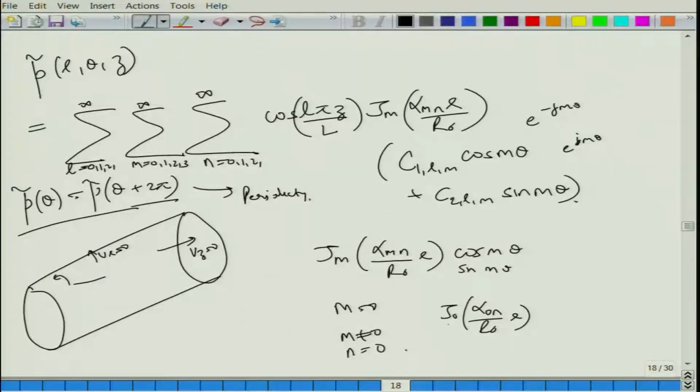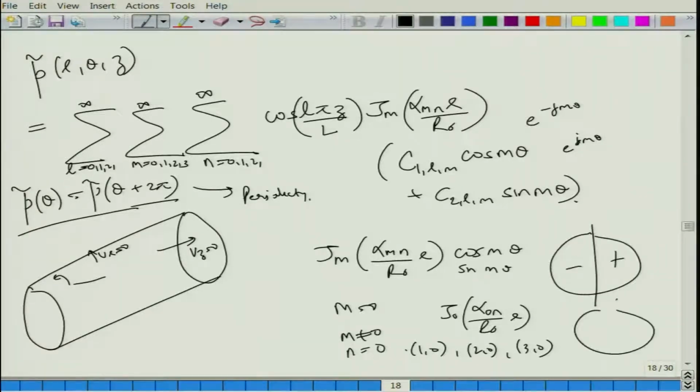So, for m not equal to 0, say 1 0 mode, 2 0 mode, 3 0 mode and so on, these are all your circumferential modes. As we saw, it will be something like plus minus plus minus. It is given nicely in my book here.